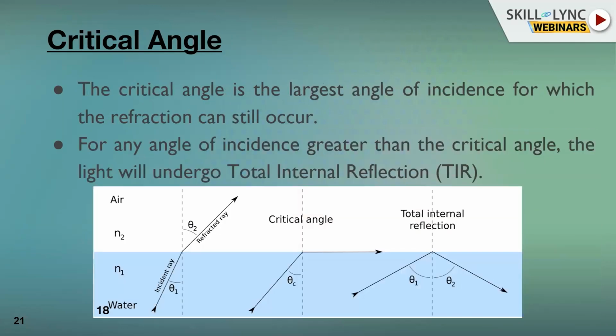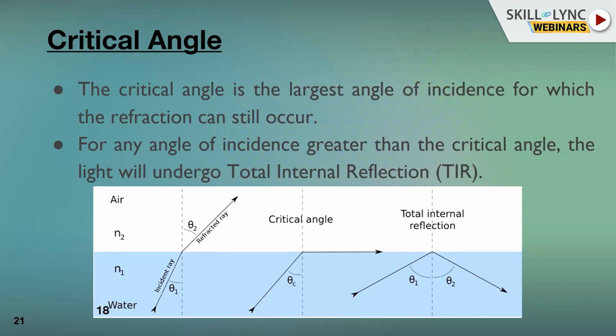Then we'll talk about the critical angle. So what is the critical angle? The critical angle is nothing but the largest angle of incidence for which refraction can still occur. For example, consider a light ray passing from water into air.